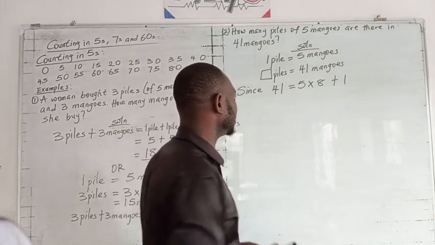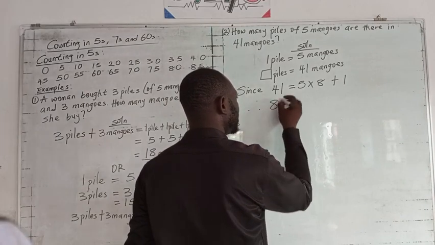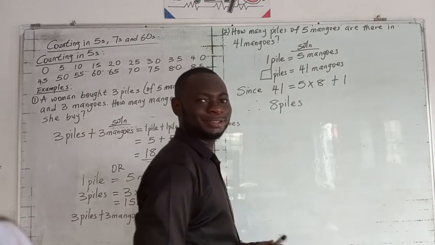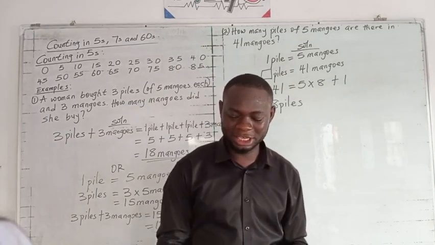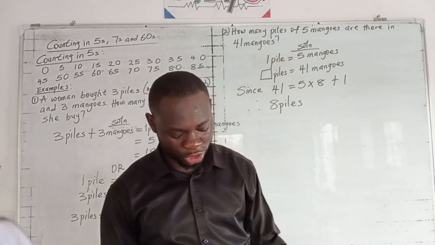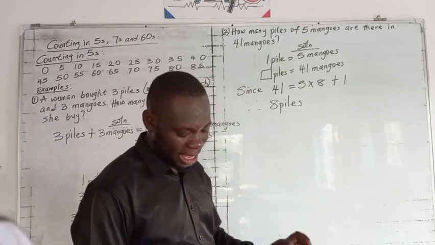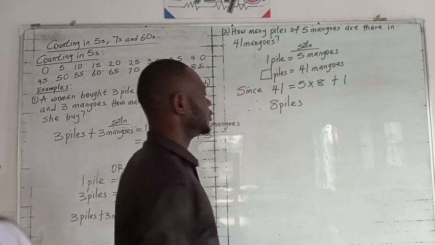So what do we now have? We now say that therefore there are what? 8 what? Piles. There are 8 piles in 41 mangoes. Okay? There are 8 piles of 5 mangoes in 41.